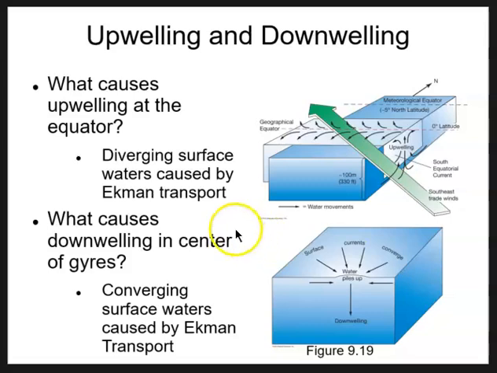Okay, so now let's look up here at upwelling at the equator. This one is a little bit more complicated. So we previously learned that along the equator, you have the trade winds, okay? The trade winds exist because of those circulation cells where you have air at the equator rising and then air at 30 degrees north and south falling.